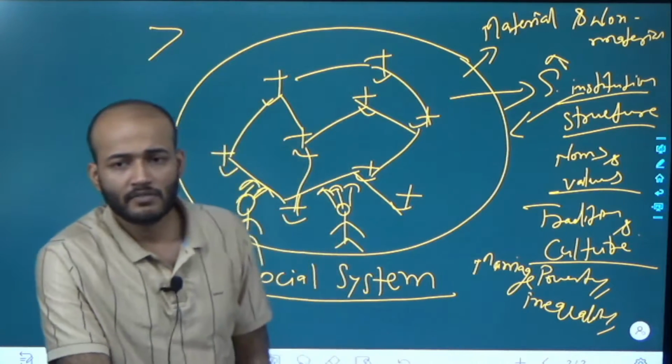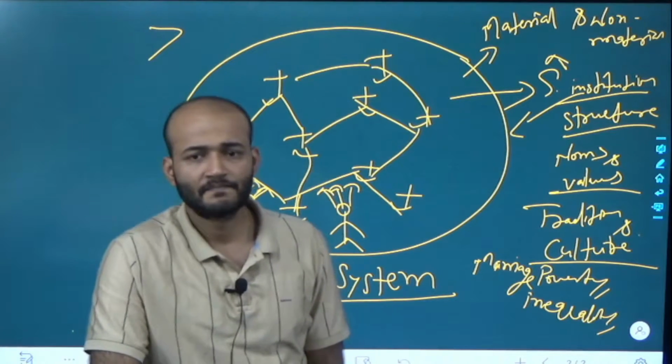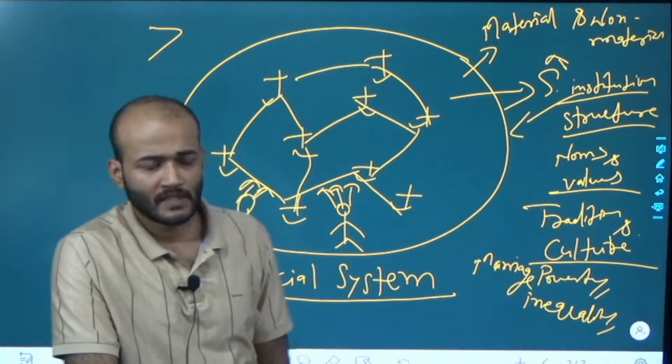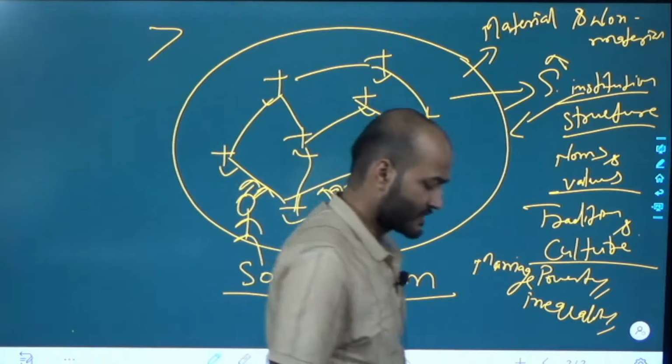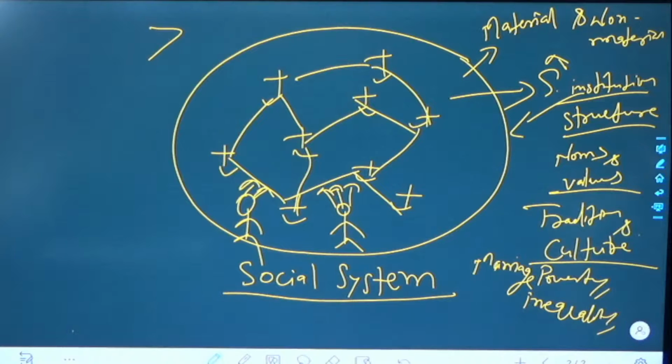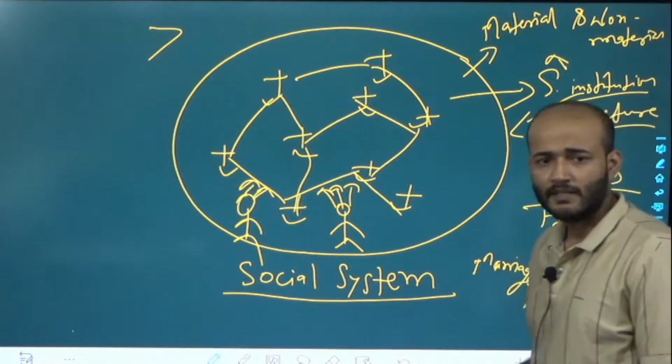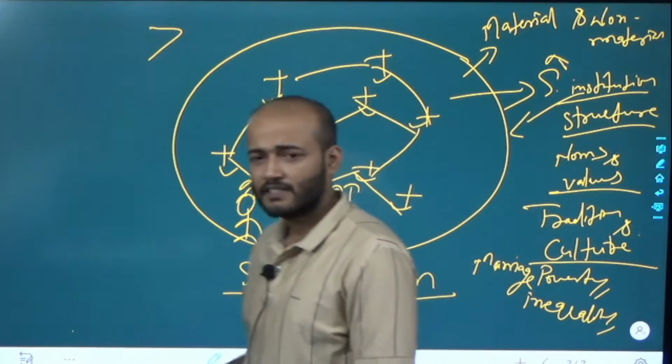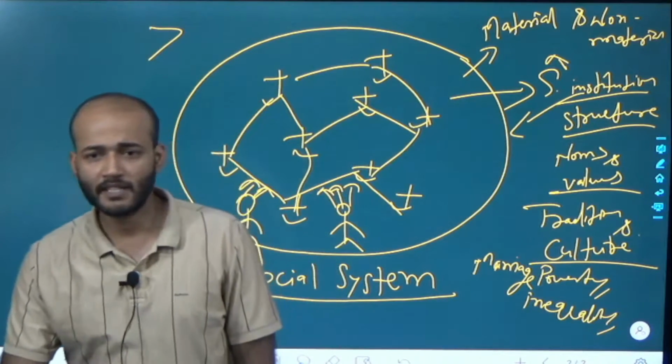And what could be these organs of the society? Family, caste, tradition, sect, religion, norms, values, culture, and institution, structure, materialistic and non-materialistic things, whatever we are witnessing.